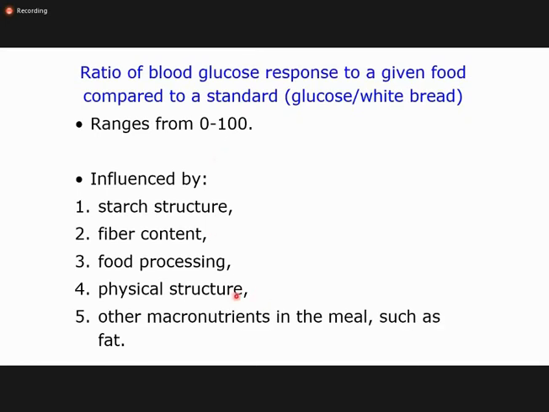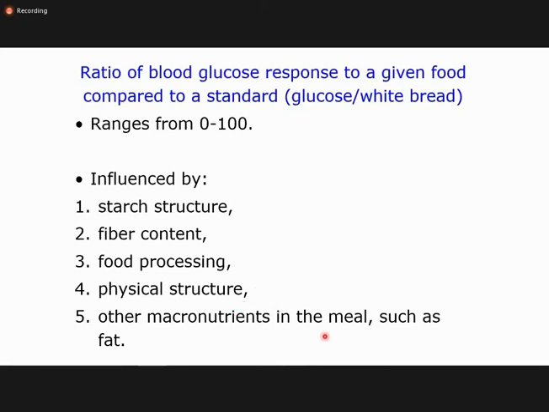For example, let's take a fruit: eating an orange as a fruit versus drinking orange juice. That's a major difference. Eating an orange as a fruit usually has a low glycemic index compared to drinking orange juice, which has a higher glycemic index.